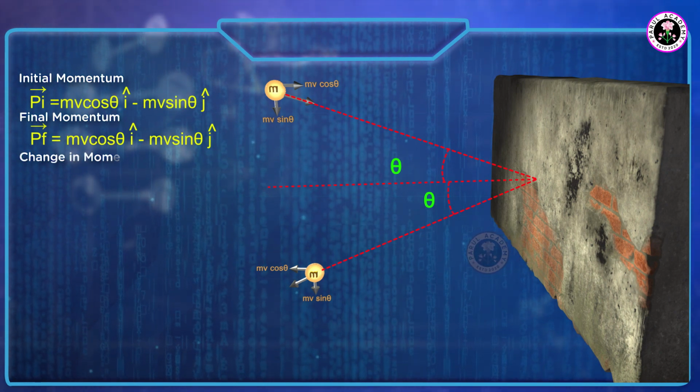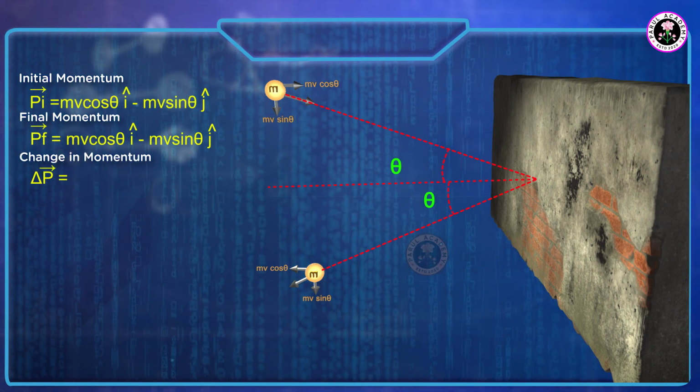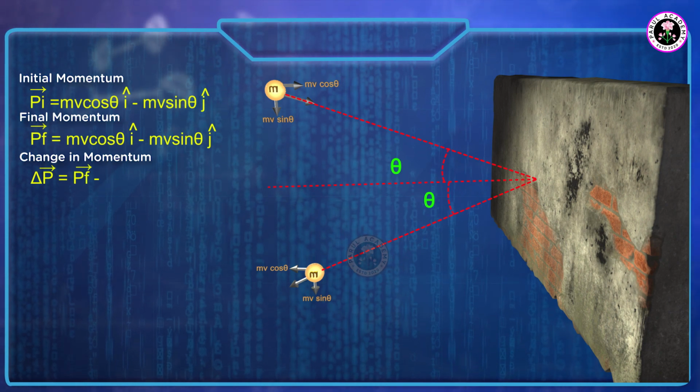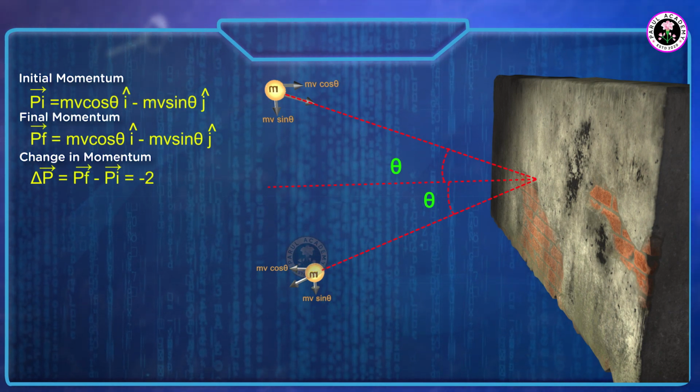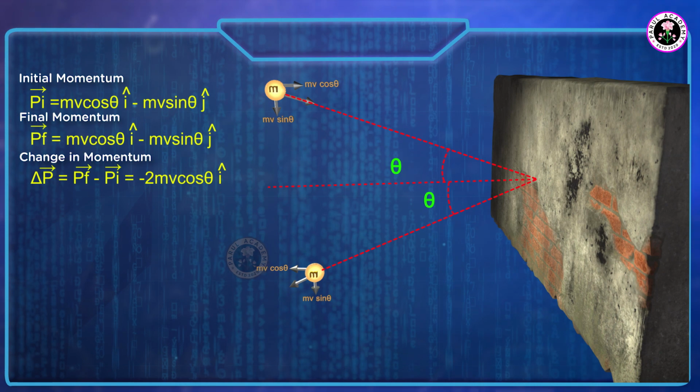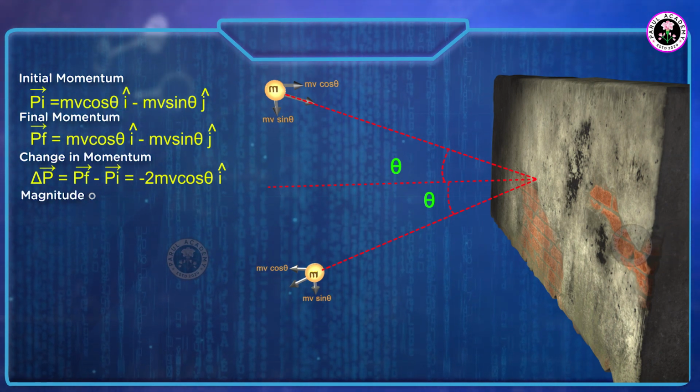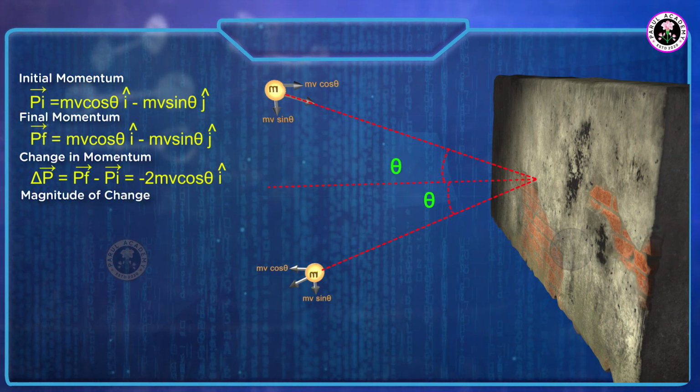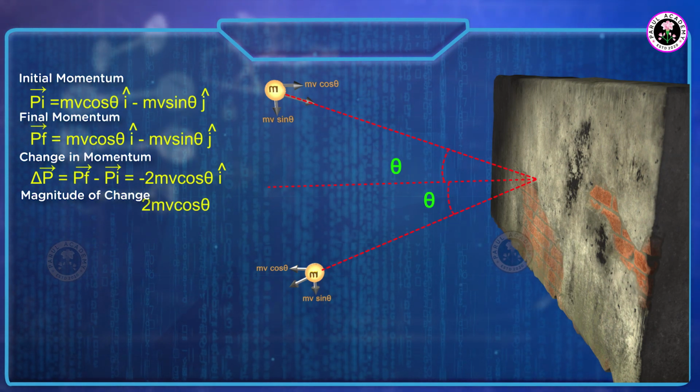Here the change in momentum will be delta p vector equals p_f vector minus p_i vector equals minus 2 mv cos theta i cap, and the magnitude of the change in momentum will be 2 mv cos theta.